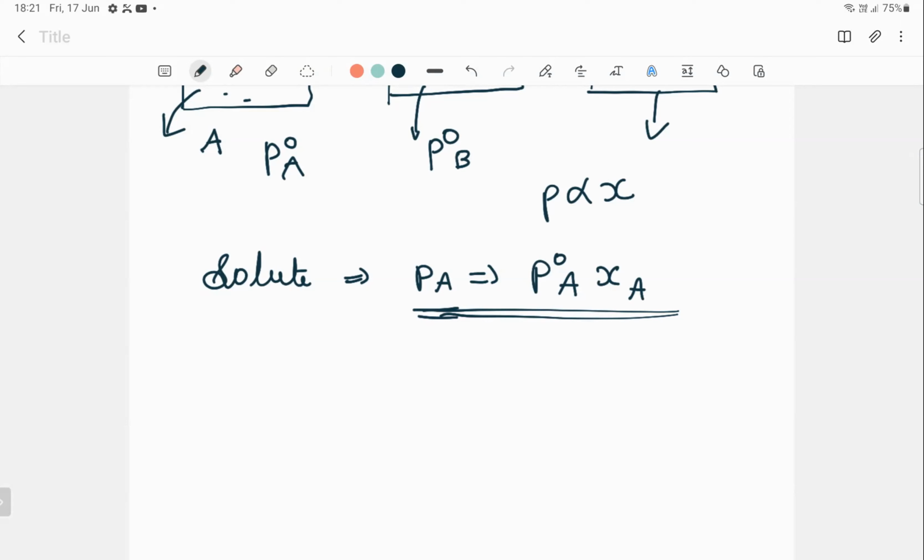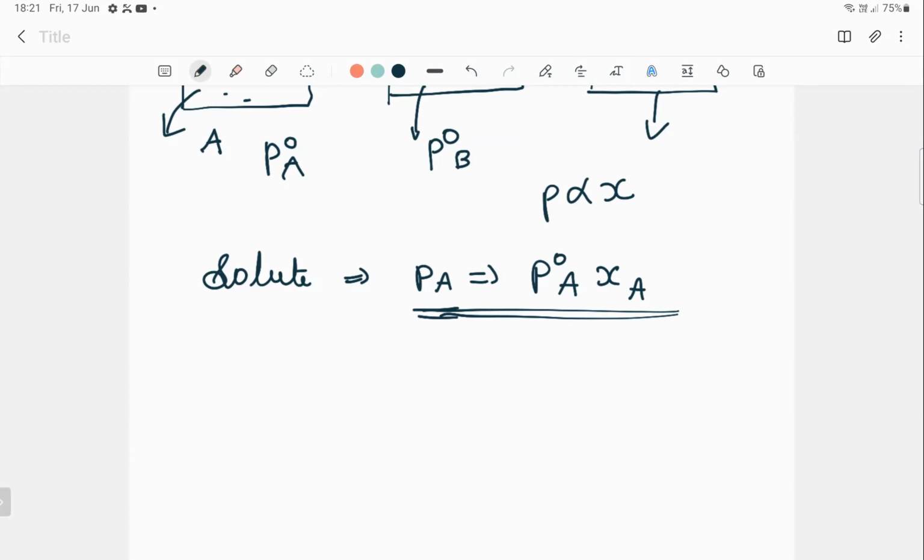Partial pressure of your solute in solution is equal to vapor pressure of your pure solute into its mole fraction. Here, can you understand? When the liquid is just getting evaporated, again it's just hitting the surface and again it's getting solubilized. When I'm speaking about the total chamber, I'm taking only the solute.